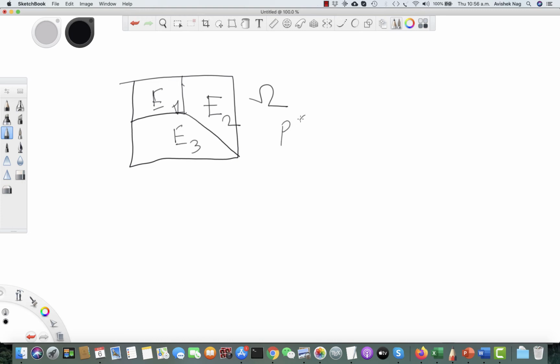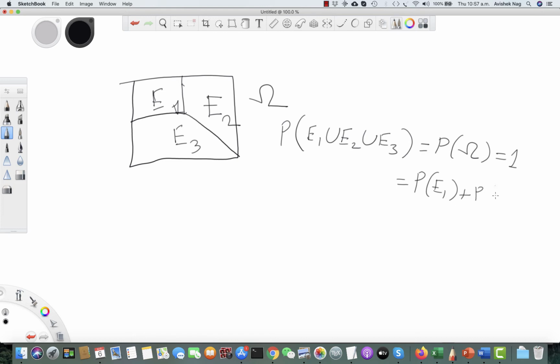So in this case the probability of E1 union E2 union E3 is basically the probability of the sample space, which is equal to 1, since it is made of these 3 regions. If you sum up the area of these 3 regions, you will get the entire sample space. So intuitively, this is basically the probability of E1 plus probability of E2 plus probability of E3.